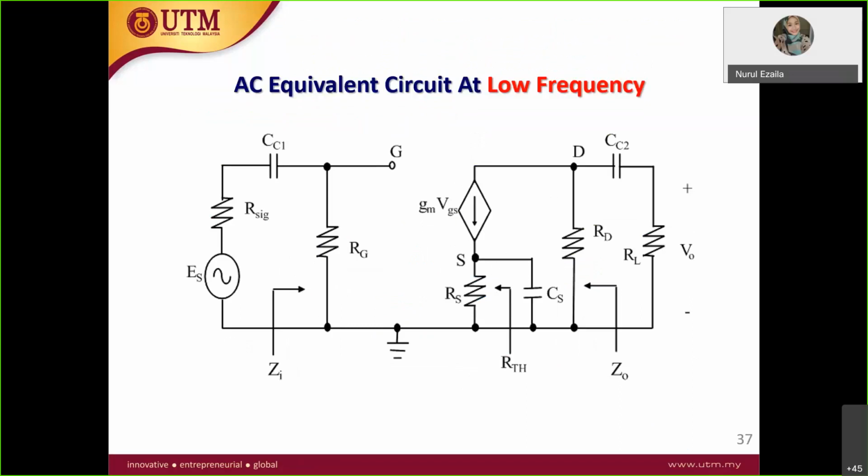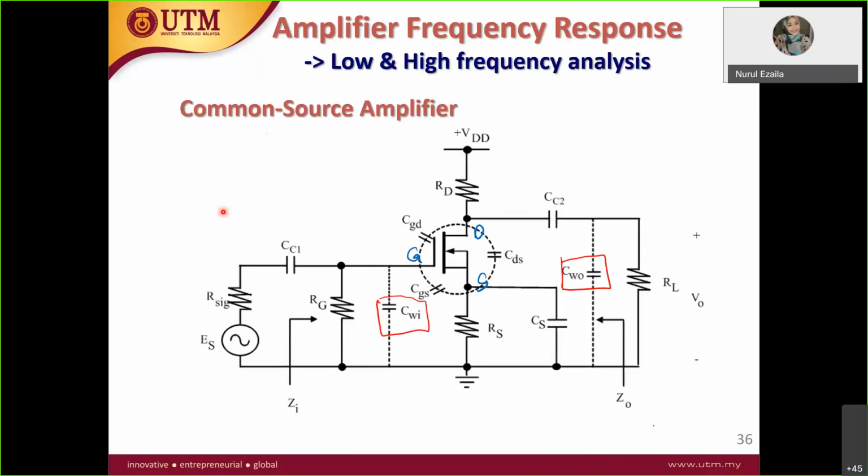For low frequency, you draw the AC equivalent circuit the same as the common source AC equivalent circuit, where you have the gate, gm VGS, and then RS, RD, RL, RG, and R signal. Put in all the coupling capacitors.